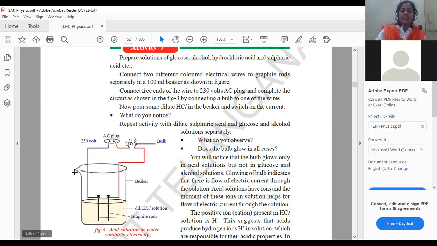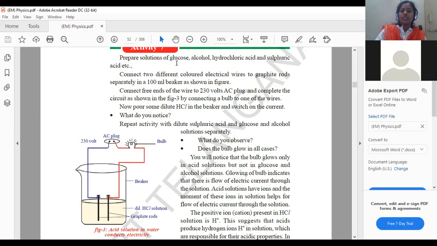We are going to use the same kind of equipment, and instead of hydrochloric acid, we are dipping into glucose water. So glucose water is taken, graphite rods are inserted, electric wires are placed, alternating current is connected, and 230 volts of current is connected, but the bulb will not be illuminated.